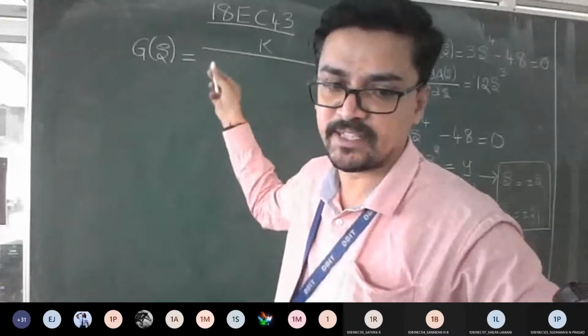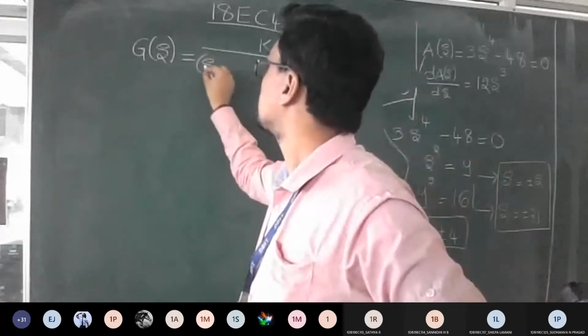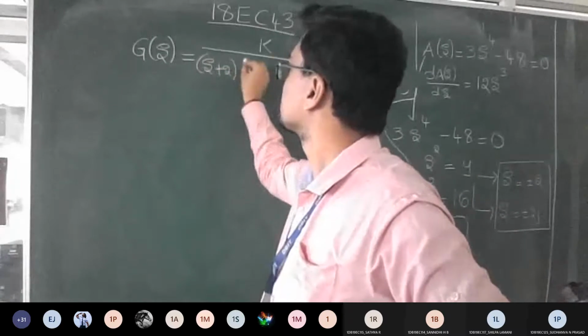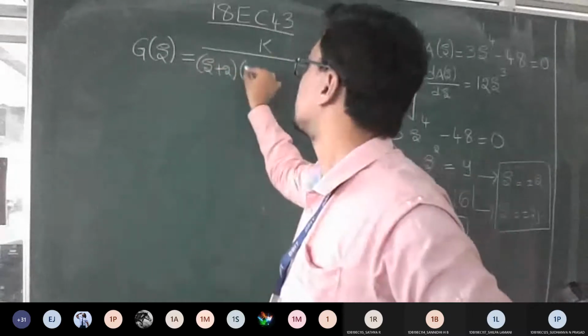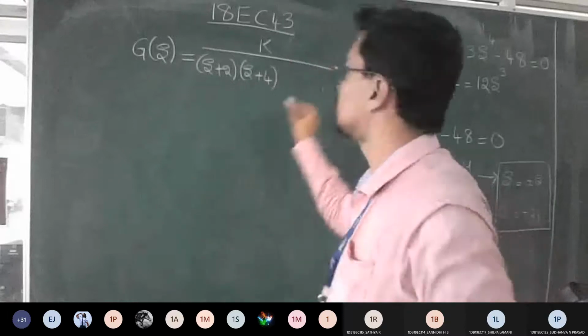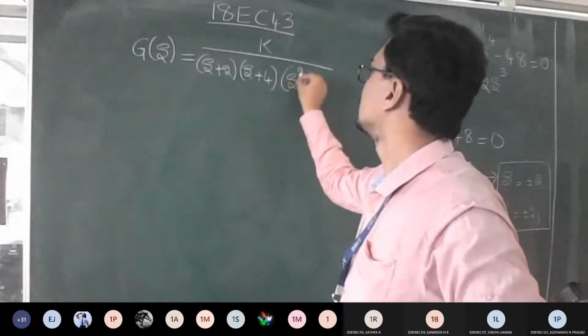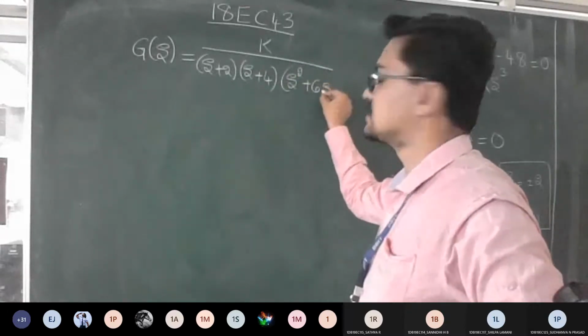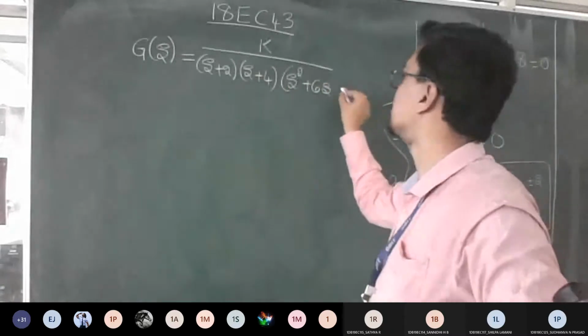After this some extra thing you should do. So S plus 2 into S plus 4 into S square plus 6S plus 25.